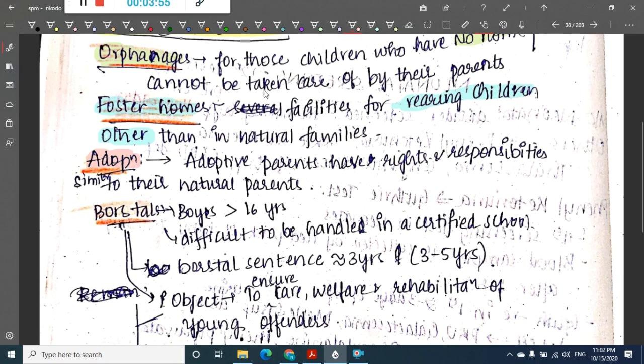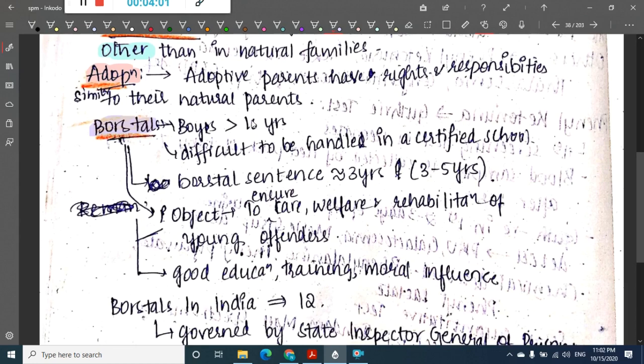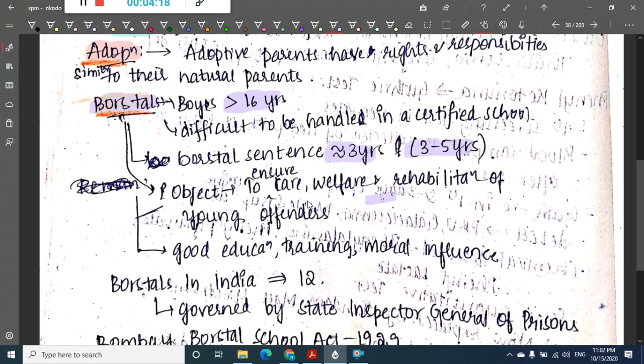Then we have borstals. Borstals are mainly for boys of more than 16 years who are difficult to handle in a certified school. The borstal sentence is given for 3 to 5 years, approximately 3 years. The main aim is the welfare and rehabilitation of young offenders.